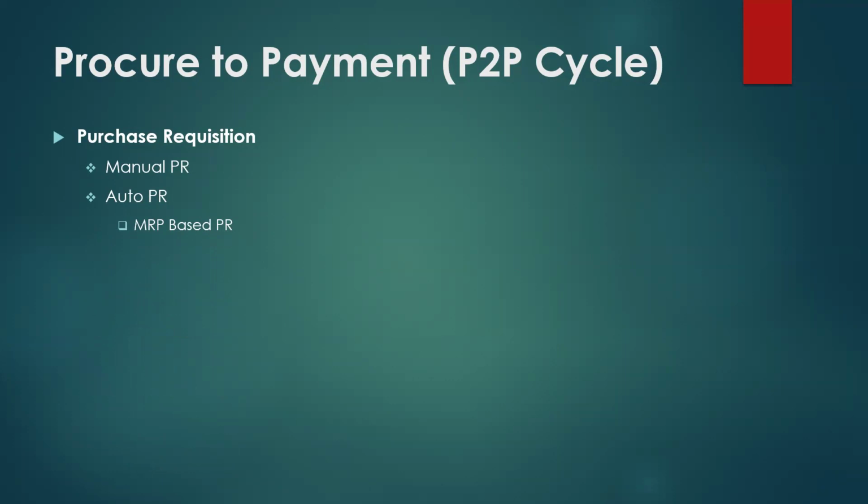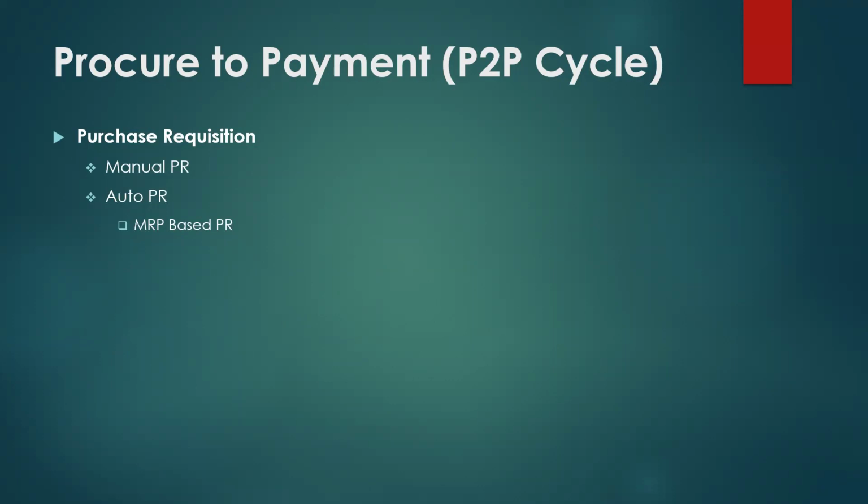Once a purchase requisition is created, whether it is an auto PR or a manual PR, it also requires approval. There is a release strategy for purchase requisition. I will explain the purchase requisition release strategy in a separate video, along with the purchase order release strategy.